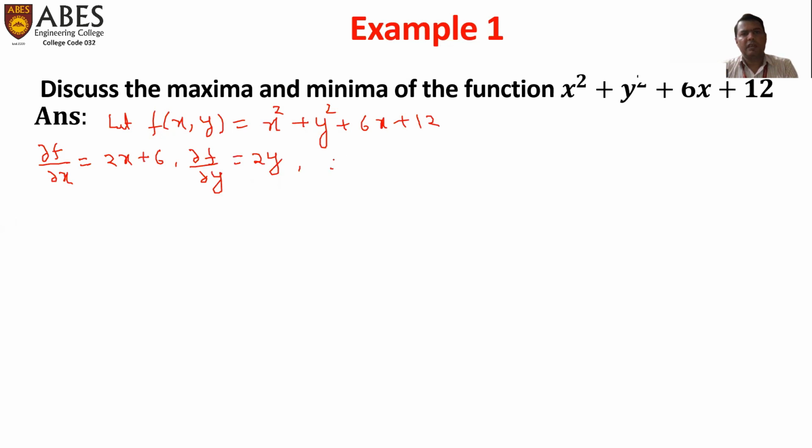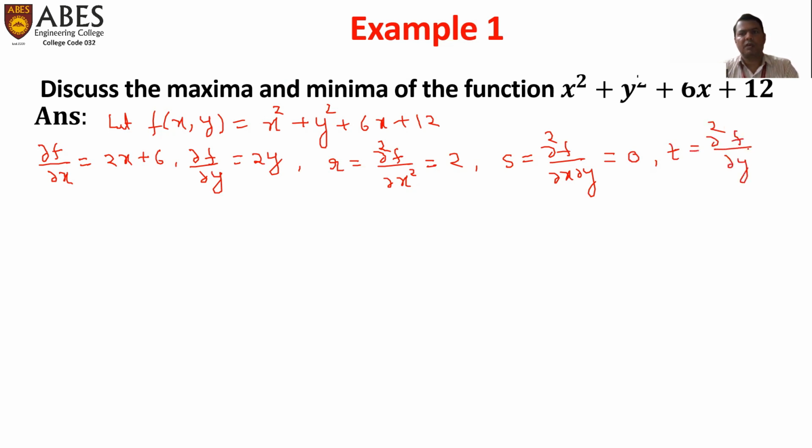Similarly, we find the second order partial derivatives. r, which is del square f over del x square, is 2, and s, which is del square f over del x del y, is 0, because when we differentiate 2y with respect to x, 2y is constant, so it equals 0. Again, we calculate t, which is del square f over del y square. So it is 2.